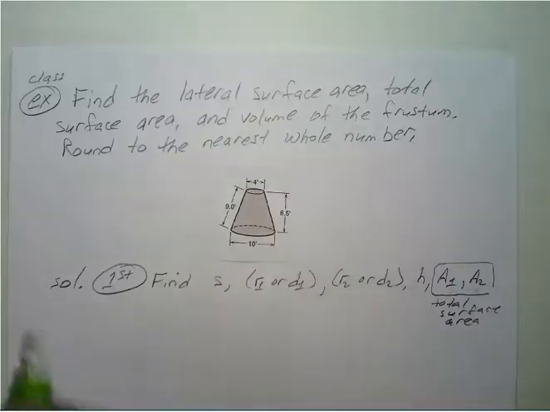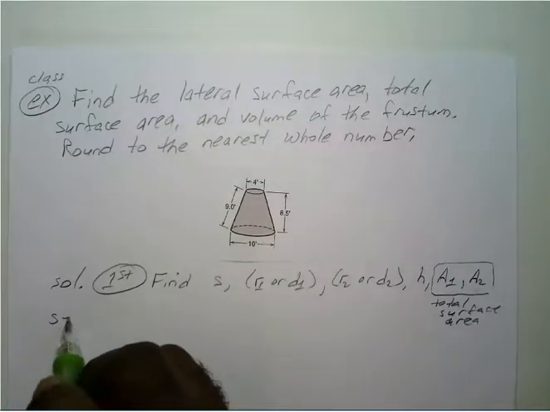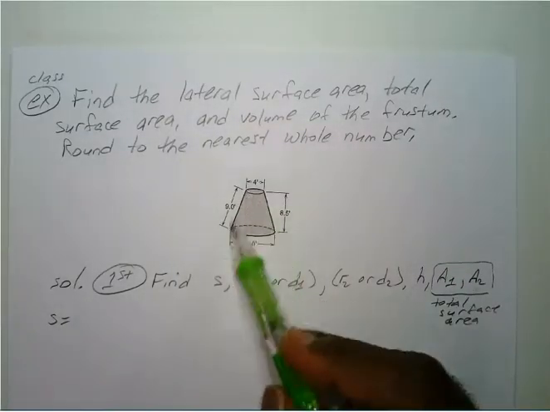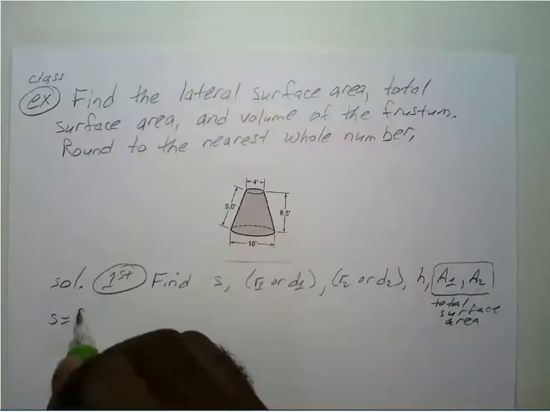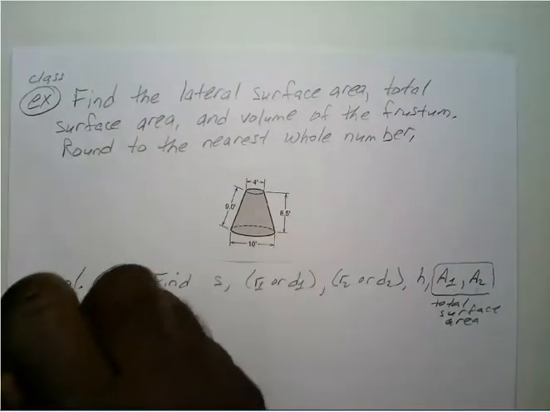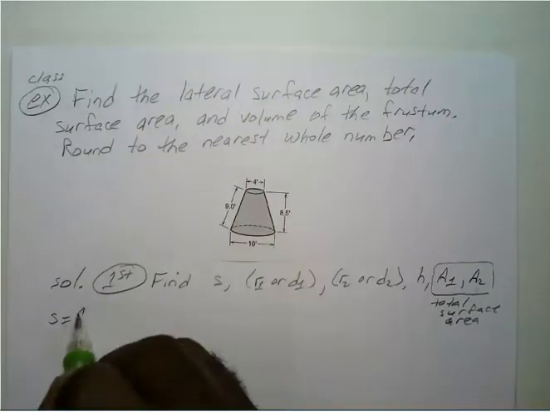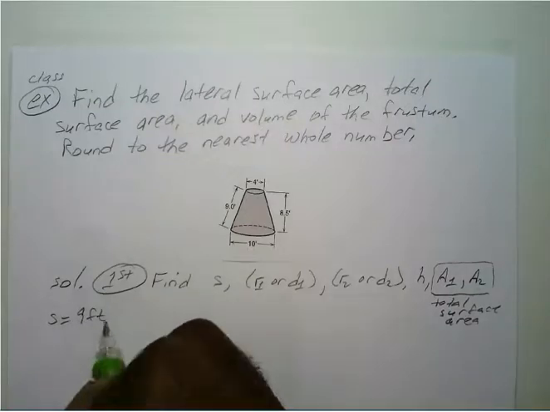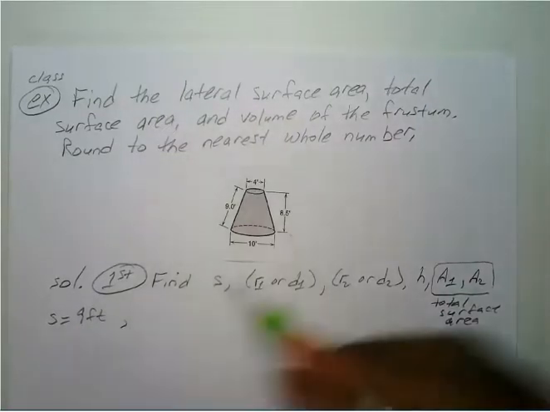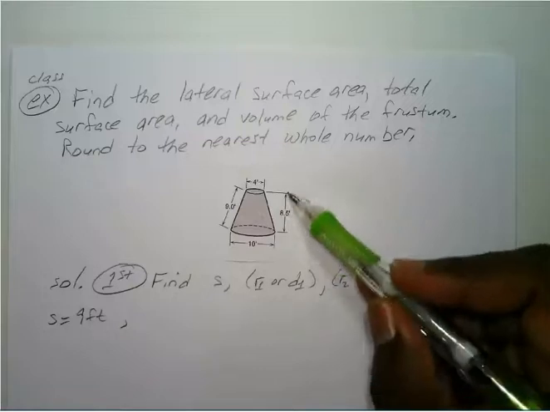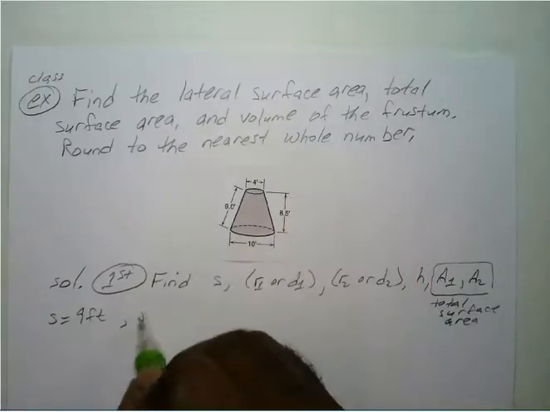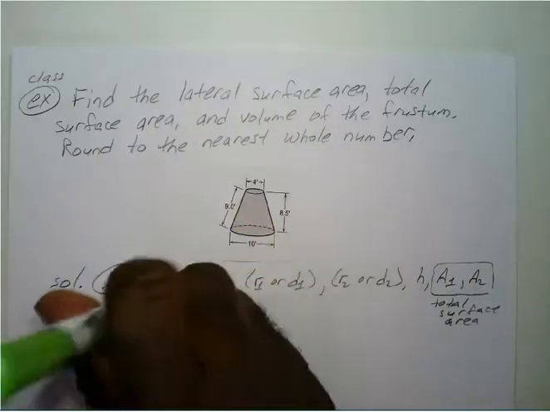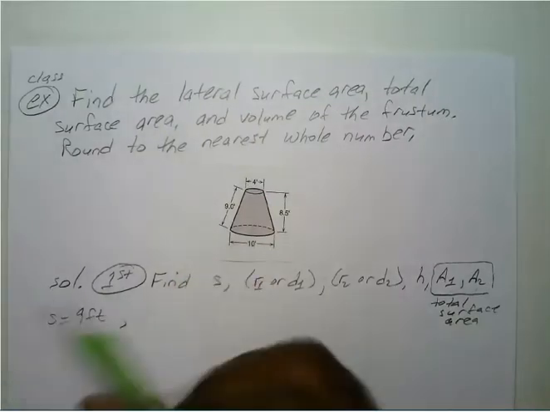Okay, so we know that our slant height is 9 feet. Uh-oh, we got my 9. Okay, we know our altitude, distance between the bases, is 8.5. It would help if I wrote the letter first.